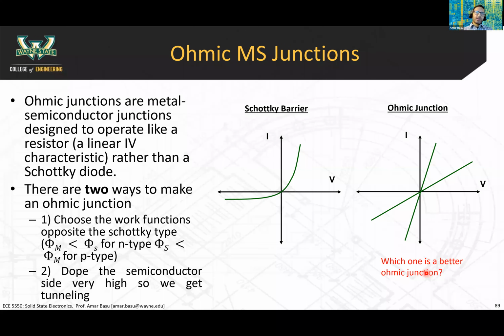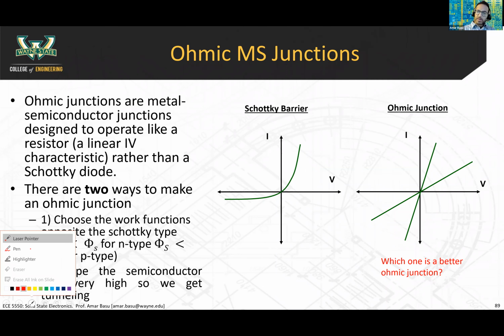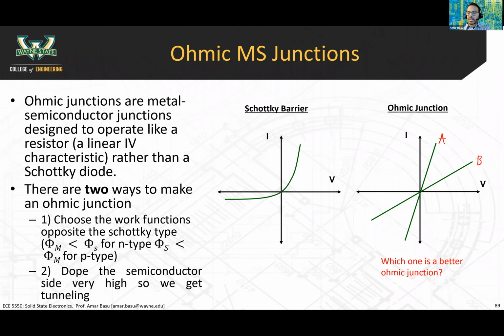You want to make good contact into the semiconductor. Which of these curves? Let's say this is A, and then this is B. So I'll just put A and B here. A and B. Which one is a better ohmic junction?